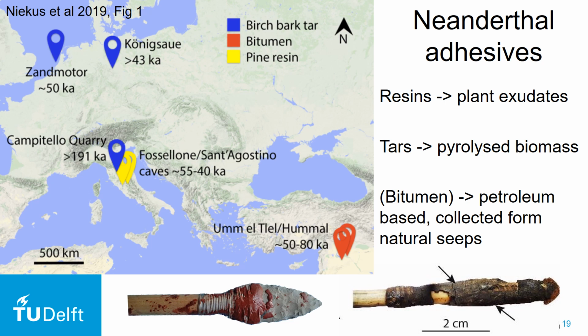This is an ethnographic example from southern Africa, made by a San or Bushman person, and the brown-black stuff that you see here is an adhesive, and it's connecting this point to its bone haft. There are other purposes, repair and waterproofing among them.